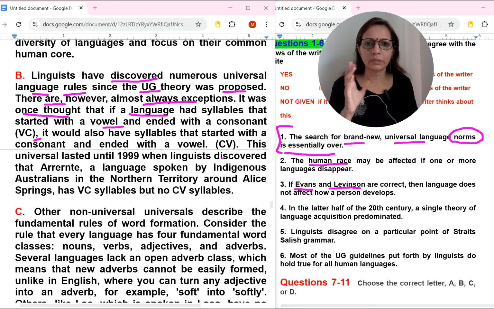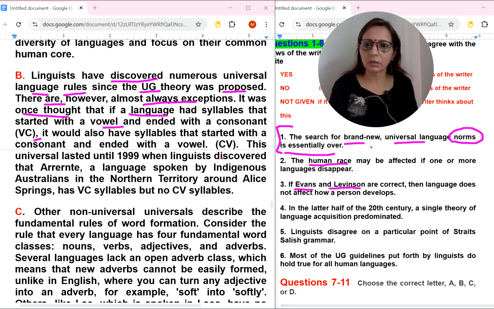There are always, okay, search for, search. Instead of search they have used the word discovered. But brand new thing is not there. The search for brand new universal language norms is essentially over. So where it is essentially over, and they are not talking about any brand new kind of thing.